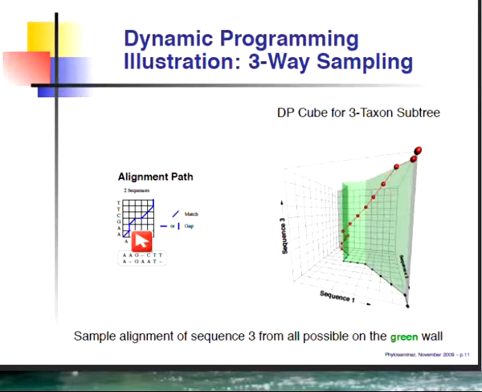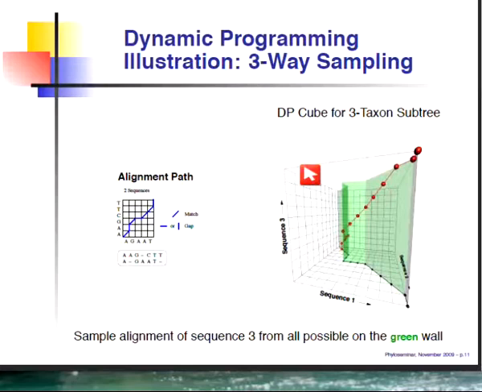Now, if we have 3 sequences that we're trying to align to each other simultaneously, we need to explore this whole cubic box of possibilities and assign a probability to each path that goes through this cubic box, and then draw one based on that probability distribution.